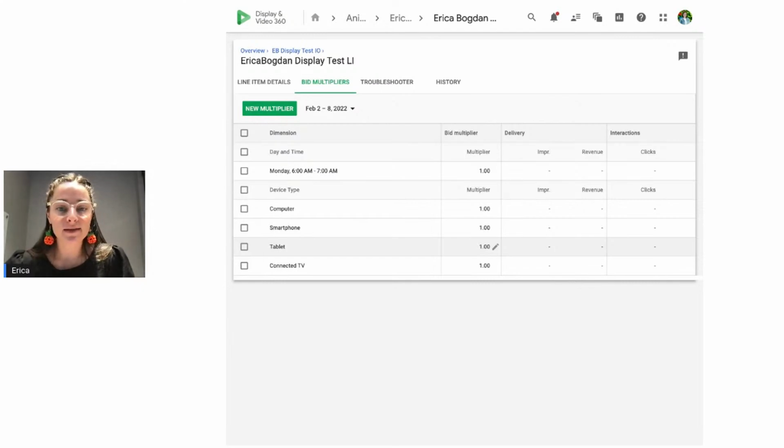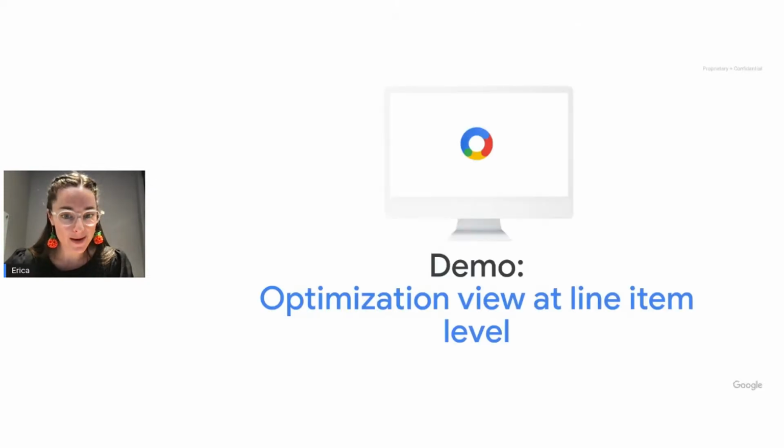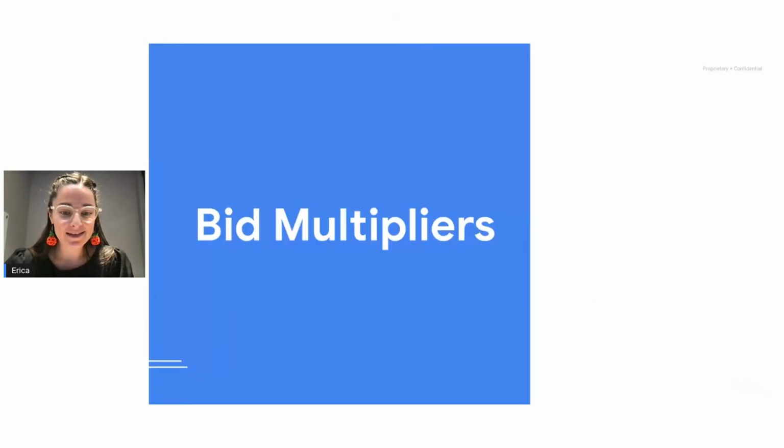This can all live within the same line items now. So that's an overview of how to toggle to optimization view and where bid multipliers live. Now we're going to hop back to the presentation, talk a little bit more about bid multipliers, and then get into automated bidding.